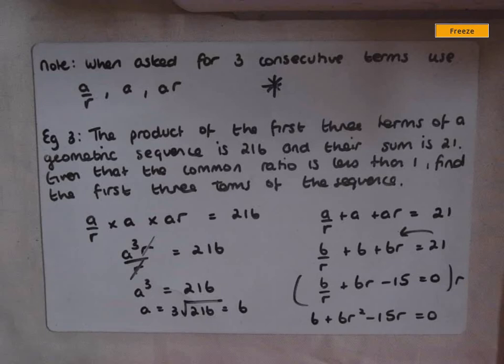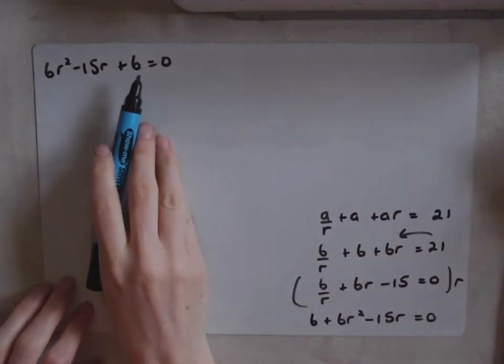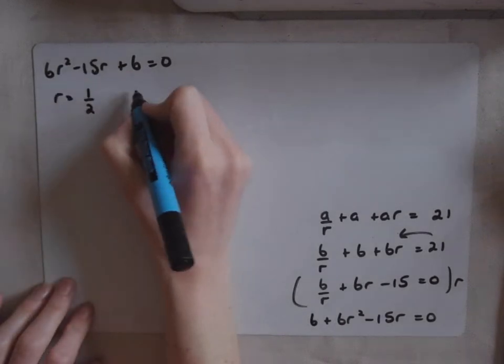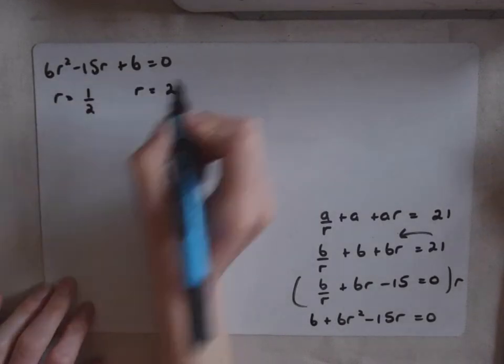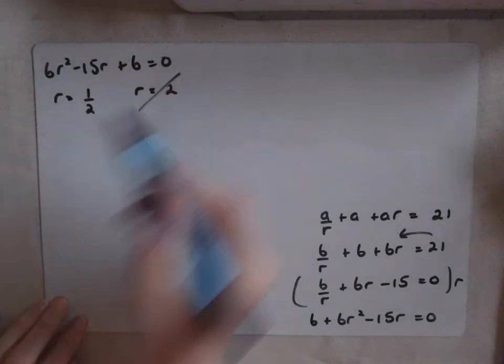Okay, so I have this quadratic. I'm going to factorize, or minus b, and I'm going to get 2 answers. Now, the question said r is less than 1, so it's not that.